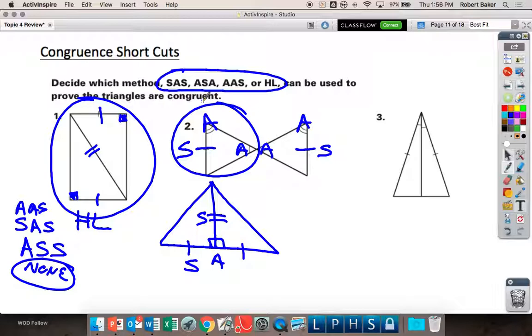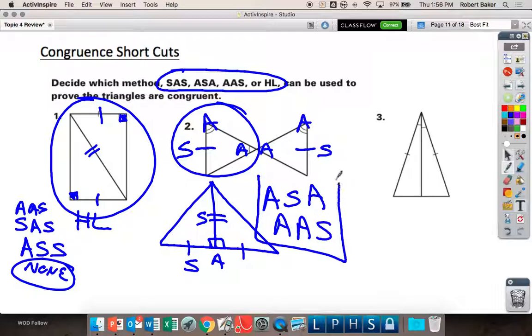You have 2 A's. And most of you are trying to determine which one of those 2 it is. Is it ASA or is it AAS? Is the S between the A's? No. So what shortcut is it? It's the AAS shortcut. Was that a good little tidbit there? What about number 3?